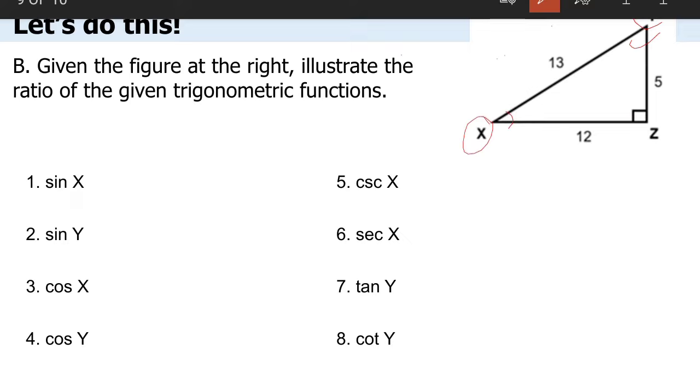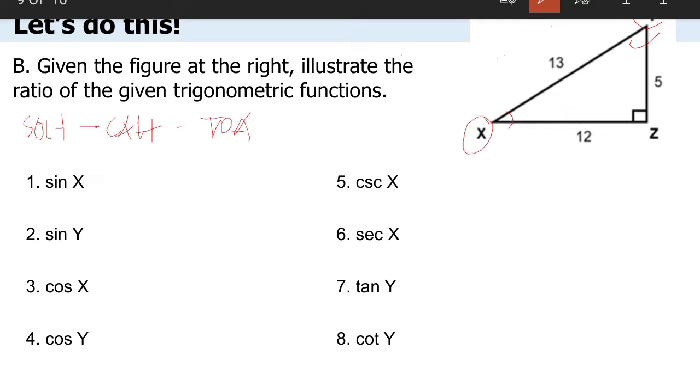To get the ratios of these trigonometric functions, sine x, sine y, cosine x, cosine y, and so on, again, we will use the acronym SOH-CAH-TOA.